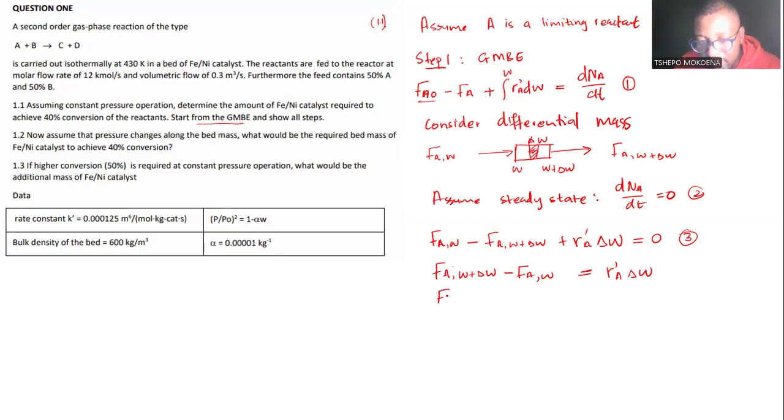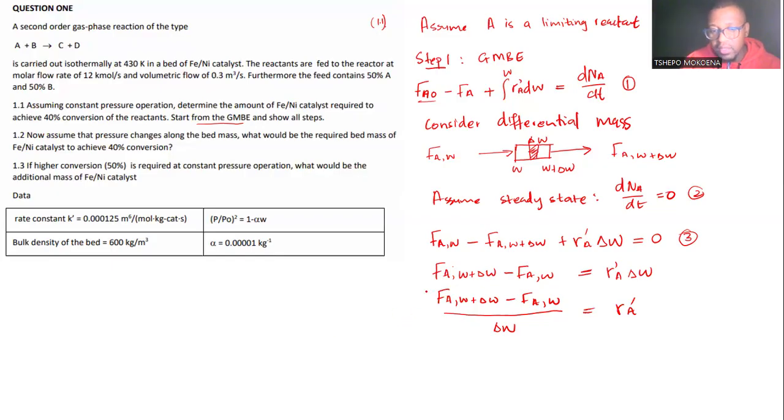So here I'm going to have F_A at W plus delta W minus F_A at W, divided by delta W. Then this side I am left with my rate of reaction. And where I have the change of substance, this is a constant value, it doesn't change. We can see that W is denoted by delta, meaning it is changing. And we can see here we have final and initial. Definitely this is also changing.